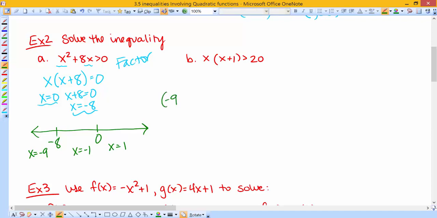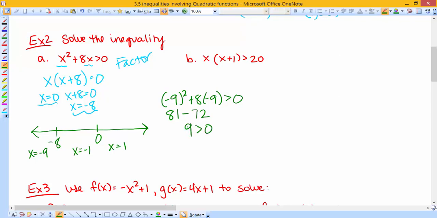So I'm going to have negative 9 squared plus 8 times negative 9. And I'm checking to see if it is greater than 0. So I have 81 minus 72. 81 minus 72 gives me 9.